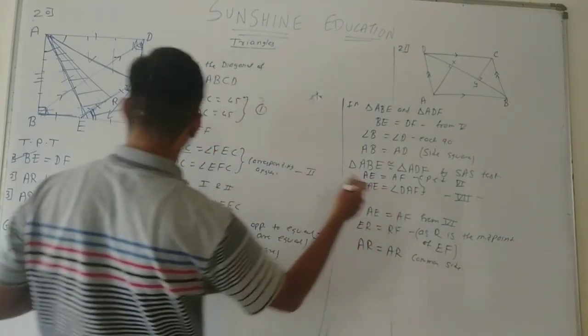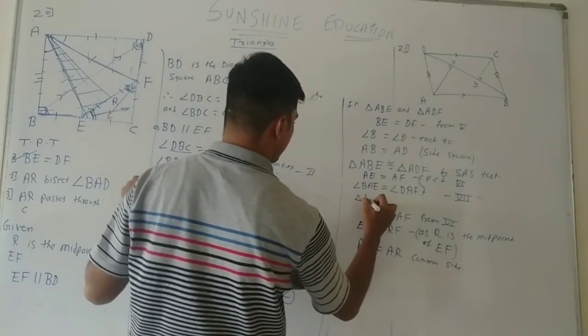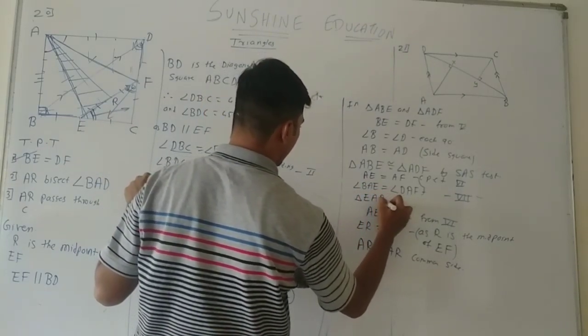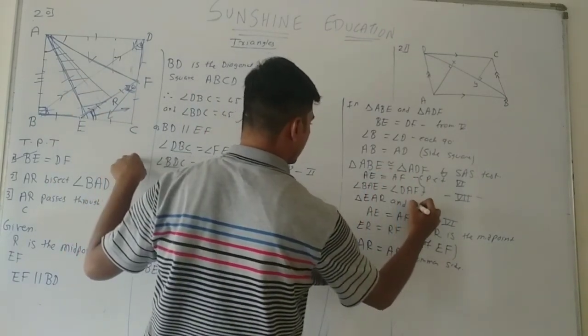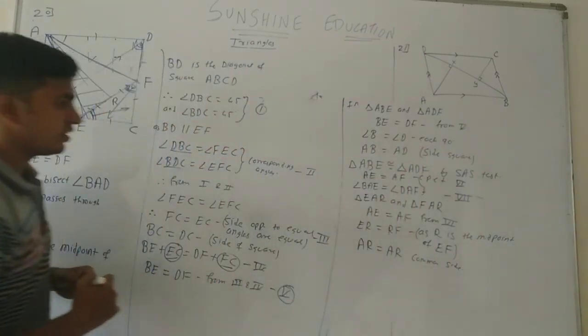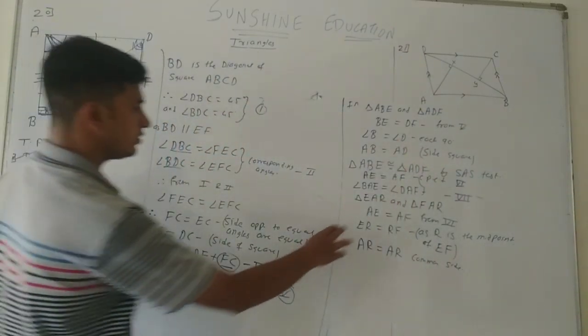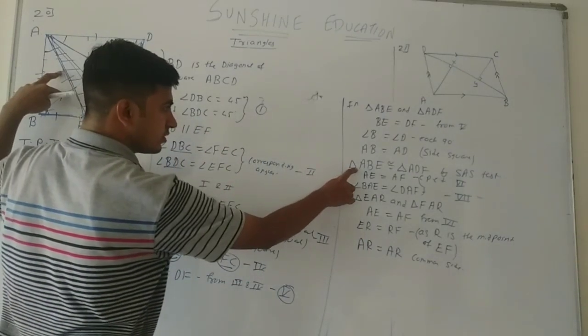And continuing this, in triangle EAR and triangle FAR. Please try and understand. So we have AE equal to AF from 6.